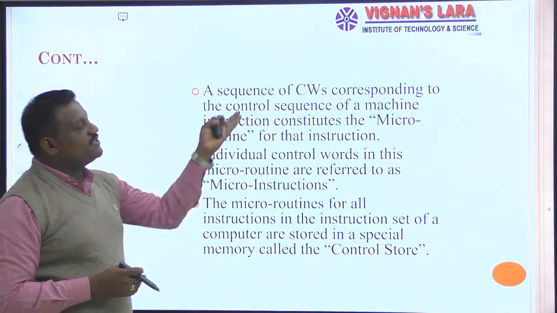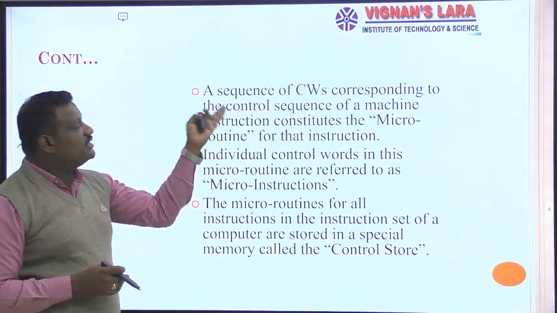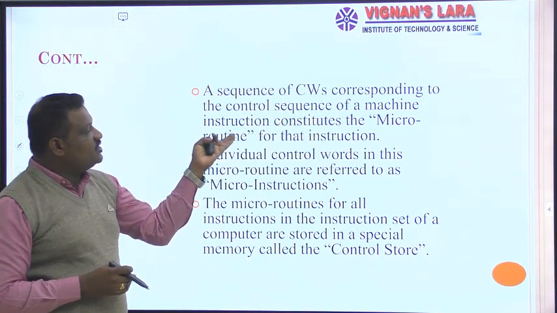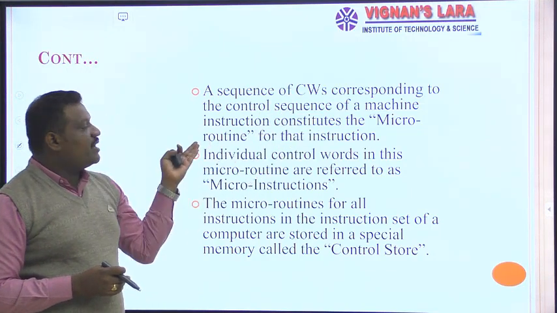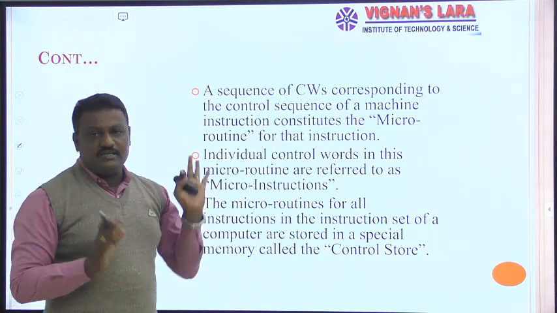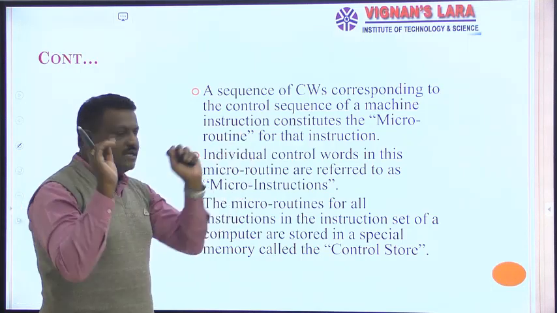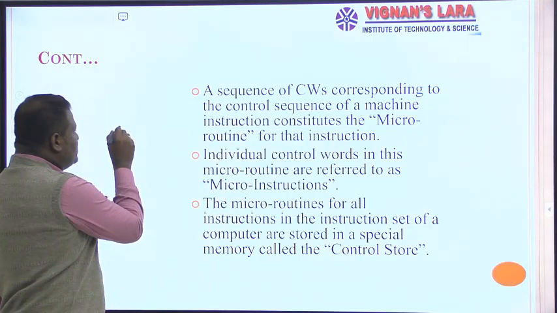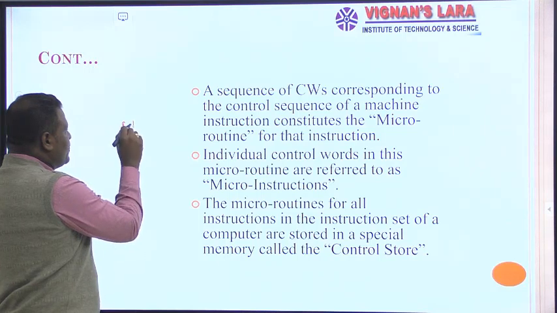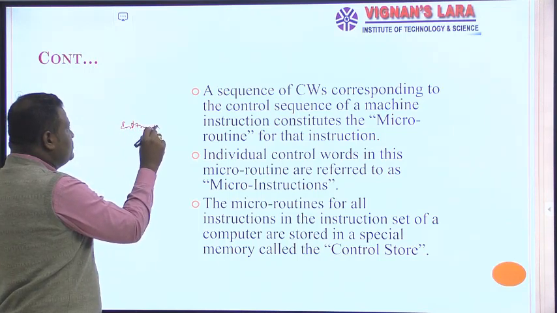A sequence of control words corresponding to the control sequence of a machine instruction constitutes a micro routine for that instruction. What is the meaning of this? See here friends. For example, this is my instruction.